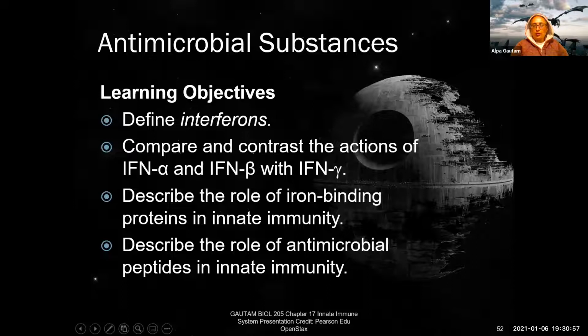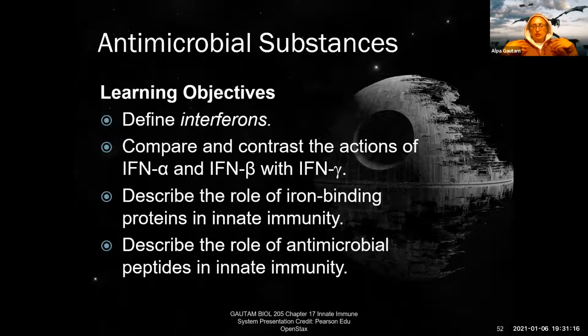So far we were looking at the different lines of defense the immune system offers to protect us from pathogens. We looked at the outermost layers, your mucous membranes, skin, and so forth.